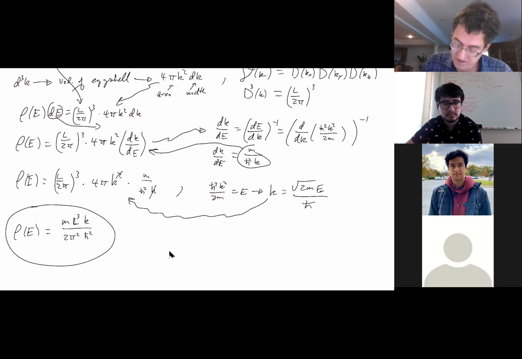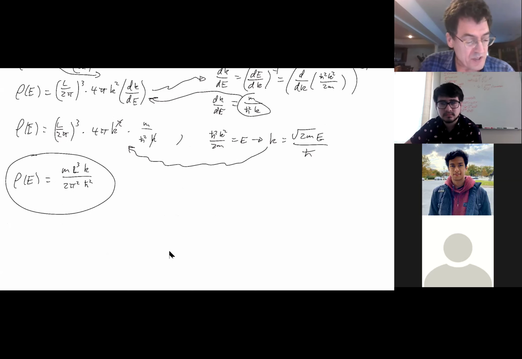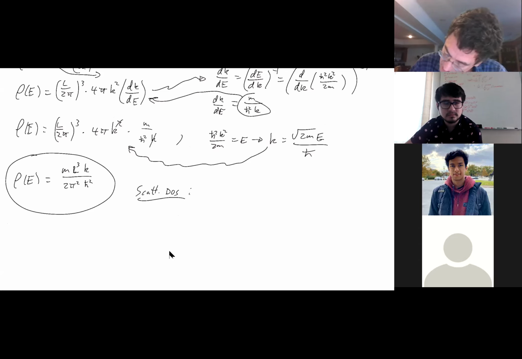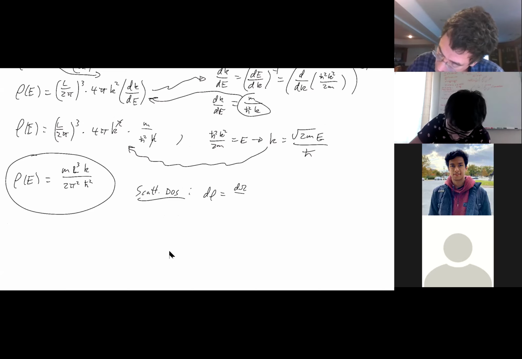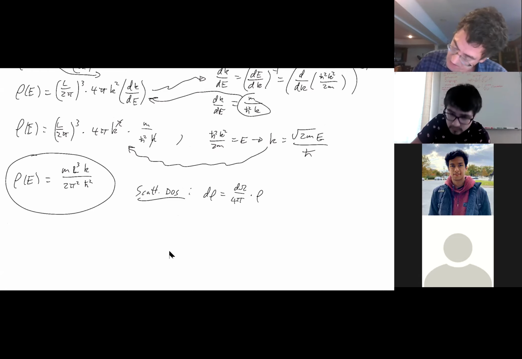And so that's a very famous answer. And so then we see that the scattering density of states, scattering DOS, is d rho, which is equal to d omega over 4 pi times rho, the total density of states.